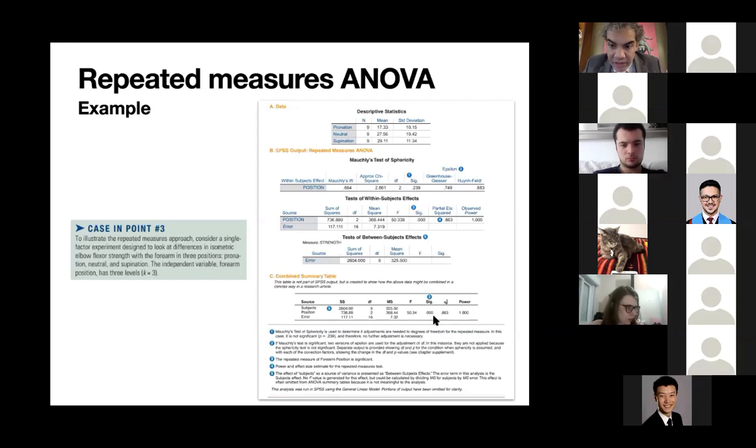So here I say that at least one group is different than the others. So how do I know which group? When using repeated measures, I can do a Bonferroni. So thank God I can do it.